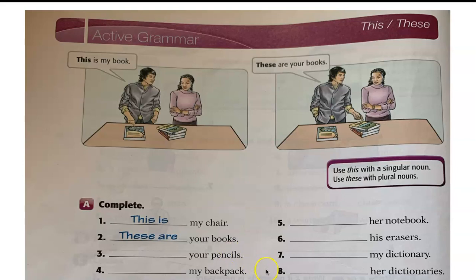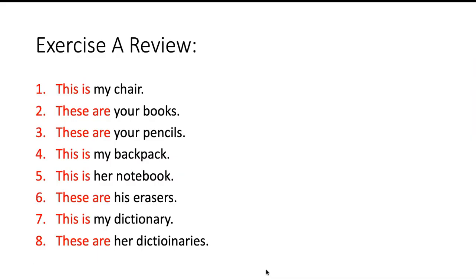Okay, so now that you did this exercise, we are going to review. Look at this exercise A review. Number 1, this is my chair. Number 2, these are your books. Number 3, these are your pencils.